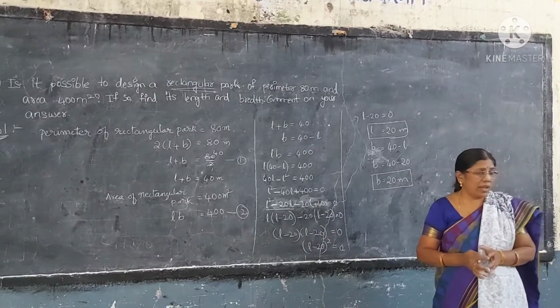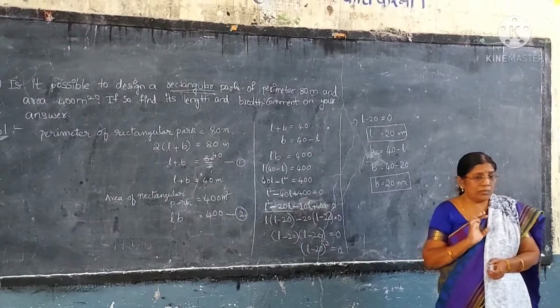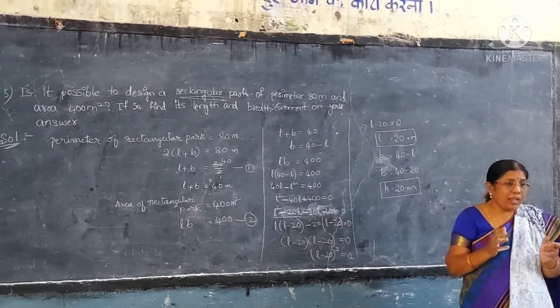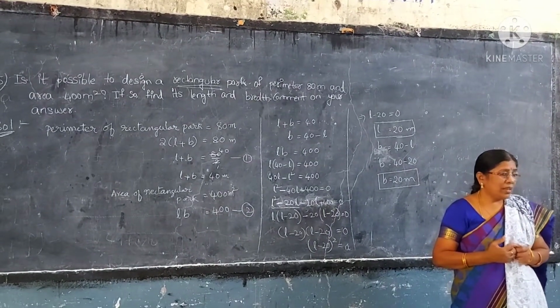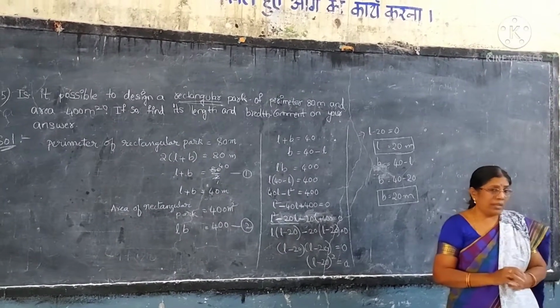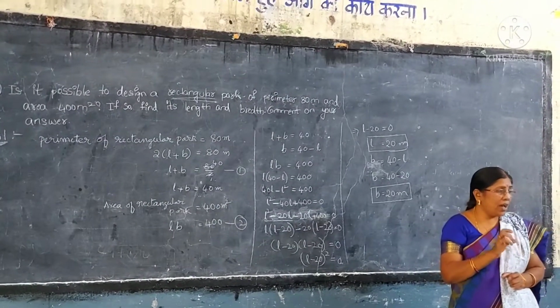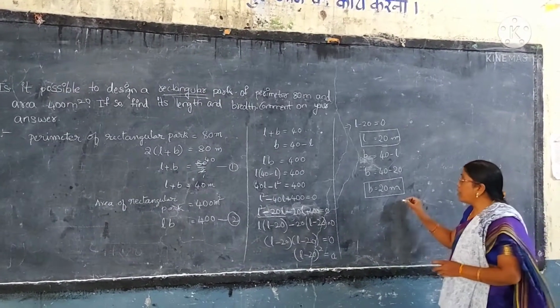But a square also can be called a rectangle. A rectangle which has equal length and breadth has a particular name, square, but a square is also a rectangle. It has the same measurements. Okay. In this way we can find this.